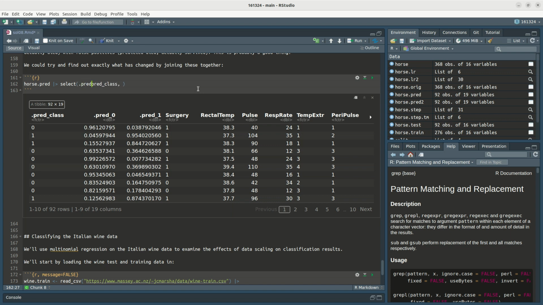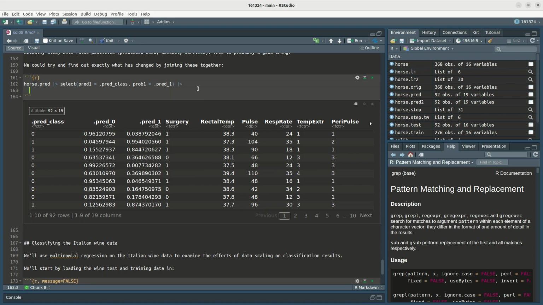So we could say prediction 1 is the predicted class and prob 1 is predict 1, and then we could bind columns. Well, we could just go with horse.pred2, couldn't we?